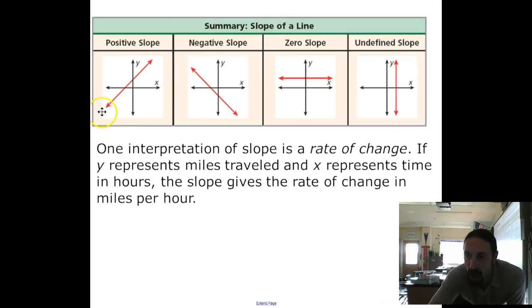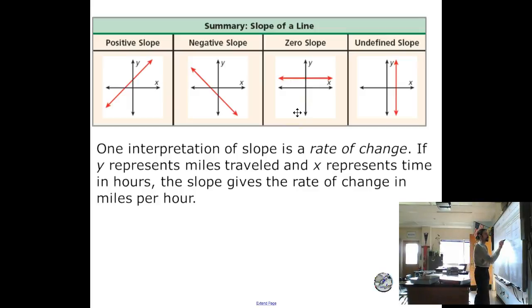And so here it is. Positive slope goes upward from left to right. Negative slope goes downward from left to right. Zero slope would be things like y equals positive 3. Now, the equation of that line.